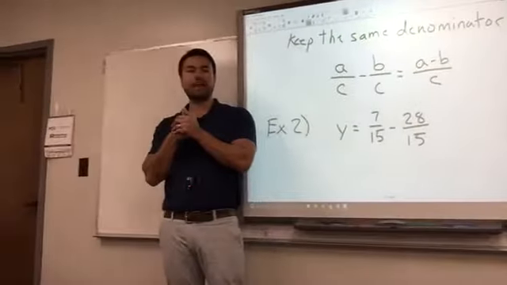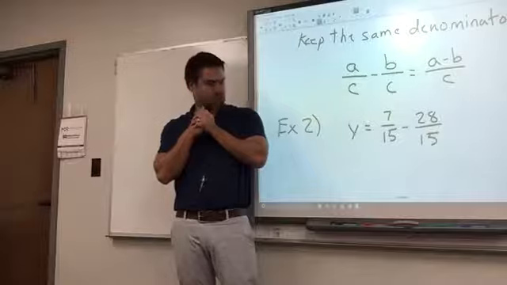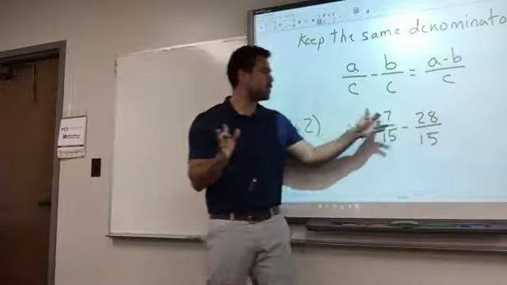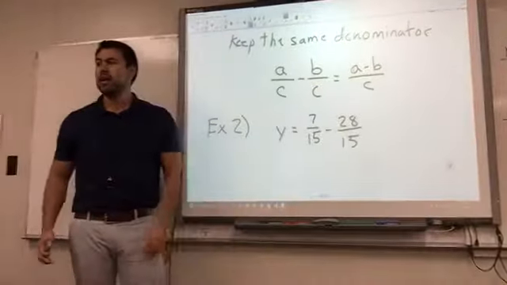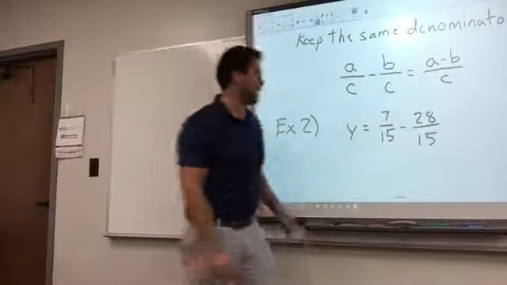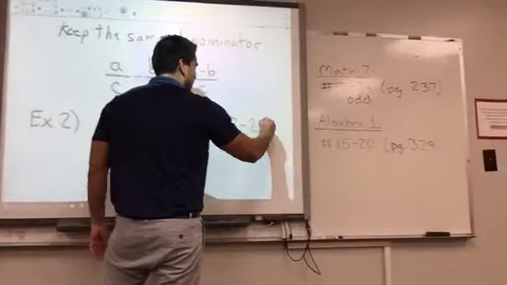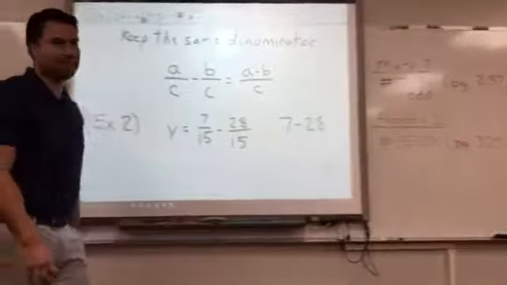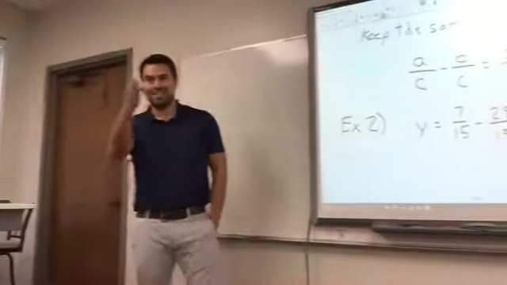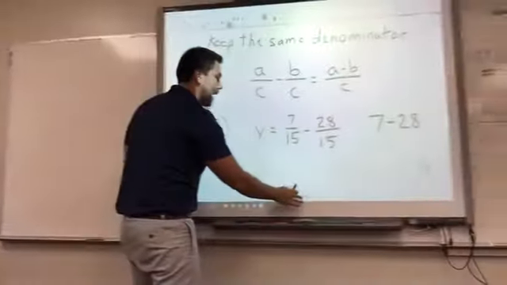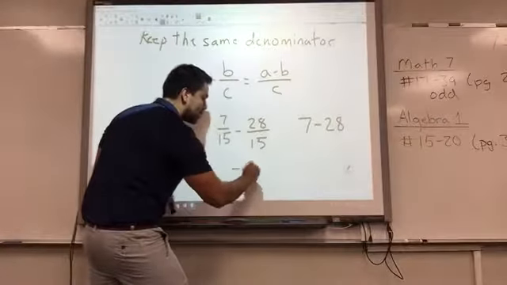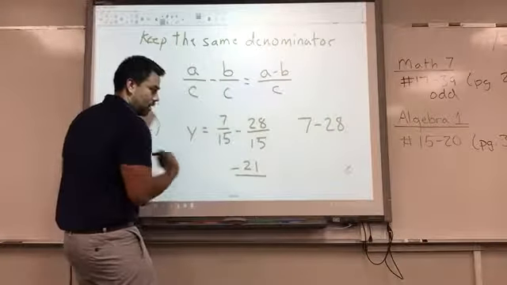Do we have like fractions? Yes. That's good. So what do you do with the numerators in this problem? You subtract them. Wait, you're going to do 7 minus 28? You can't do... Oh, wait, you can do that. And what do you get? Negative 21. Okay, so I end up with negative 21 over 15.